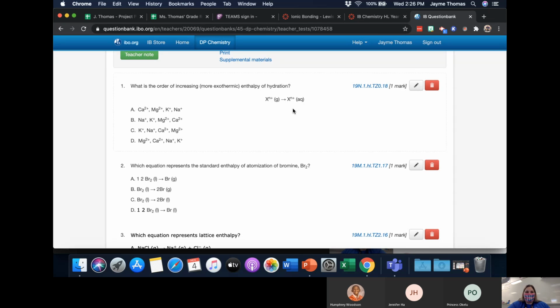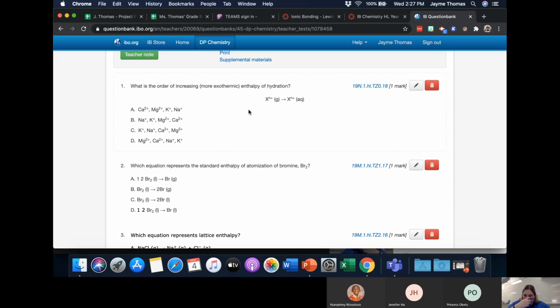When we talked about enthalpies of solution and hydration, there are some factors that affect them that you'll see in your notes. So this one asks for the order of increasing. If you look through your notes, a couple things affect it. The size of the hydration enthalpy is determined by the attraction between the ions and the water molecules.